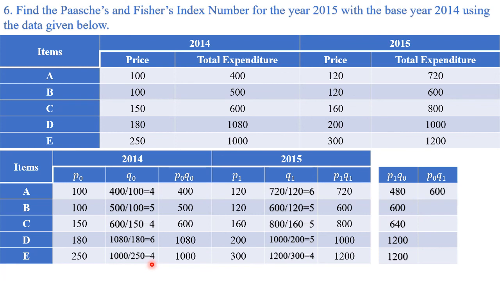Next, P0 Q1, that is P0 with Q1, 100 into 6, then 100 into 5, then 150 into 5, then 180 into 5, then 250 into 4. Now just make the vertical totals of all these 4 columns: P0 Q0, P1 Q1, P1 Q0, and P0 Q1. So my dear students, now we have got our basic 4 totals and we can continue with our Paasche's index number.